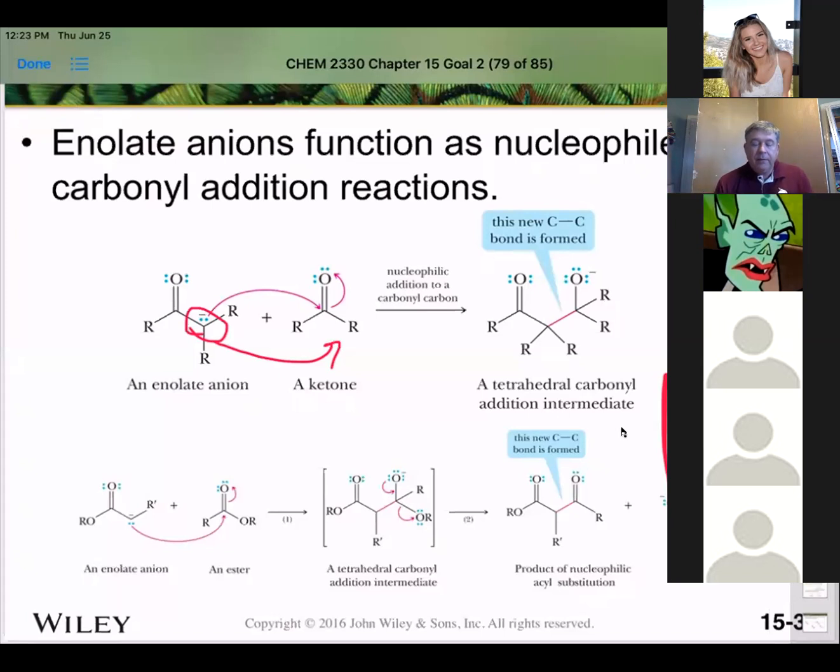So whenever we have aldehydes and ketones, we call that an aldol condensation, okay? Whenever we have an ester, that's what we call our Claisen condensation, okay?